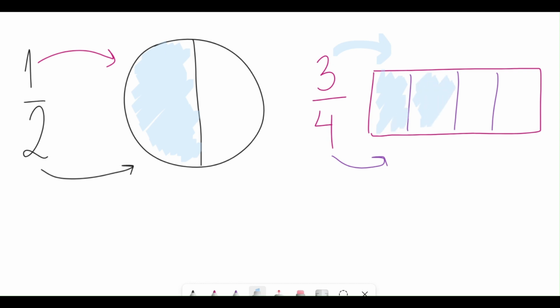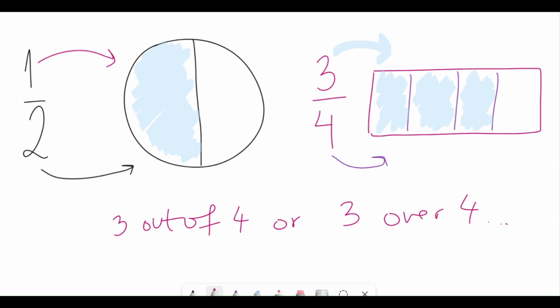So 3 out of 4. We read it as 3 out of 4, or we can say 3 over 4. All right, so that is how we read this fraction over here.